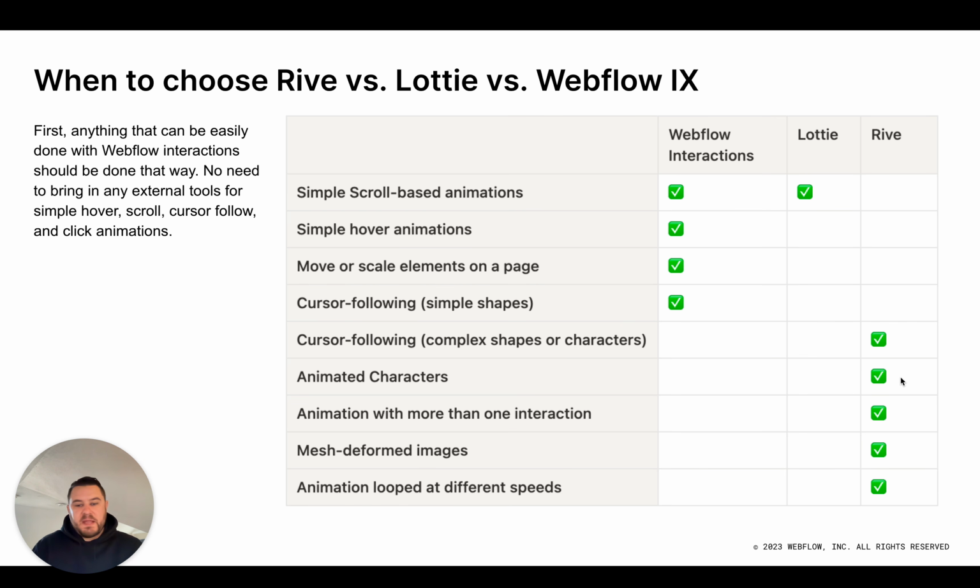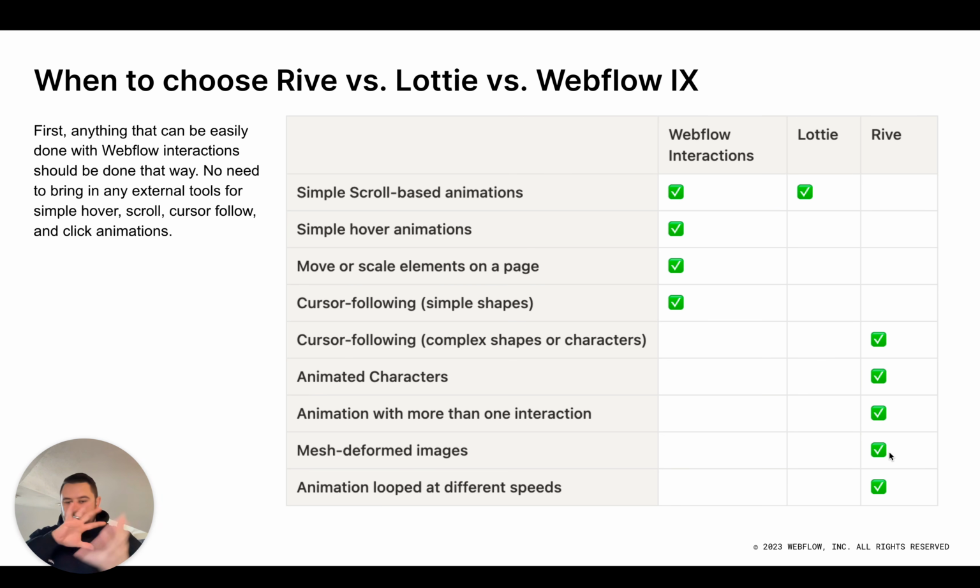Any kind of animated character, Rive is going to really excel at, especially when there's more than one interaction built into it. That's where Rive is really going to be the right choice. The mesh deformed images, that's going to be a great choice for Rive. You can also do something like 3D software like Spline, but I think you're going to find Rive to be more performant and faster loading with certain types of animations as well.